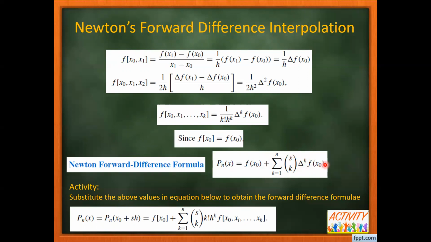Now you can see that rather than generating a table for divided difference, we need to develop a table for simple difference, which simplifies our work. And moreover, the h value and k factorial value are being cancelled. This means that our polynomial will be independent of h. So in terms of calculation, we have simplified it and reduced our labor work.